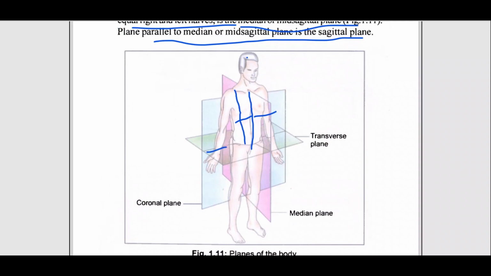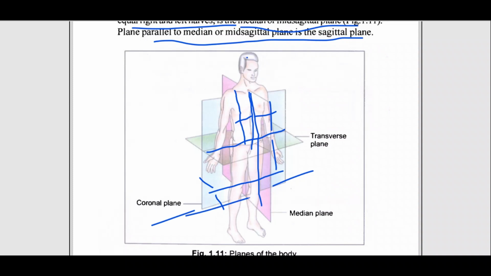Figure 1.11, you can easily see the transverse plane, which divides the body into equal upper and lower parts, while the coronal plane divides the body into equal anterior and posterior parts.